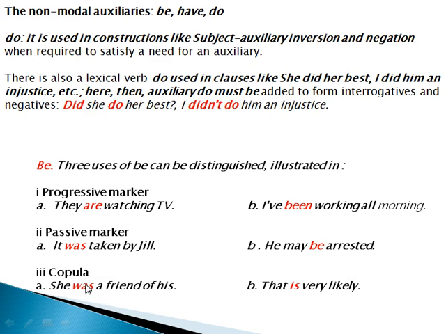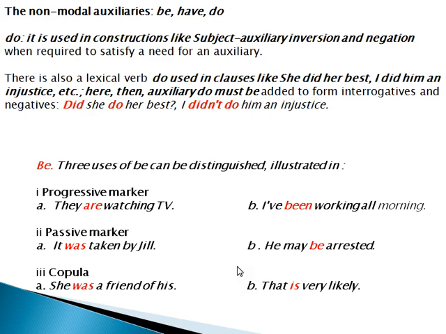And a case of copula. She was a friend of his, and that is very likely. Now, what is copula? It is when be is the auxiliary on its own. I am a teacher. Are you a teacher? Which is inverted? Be.